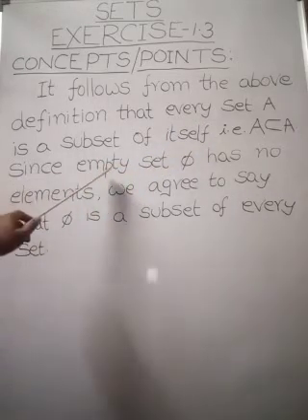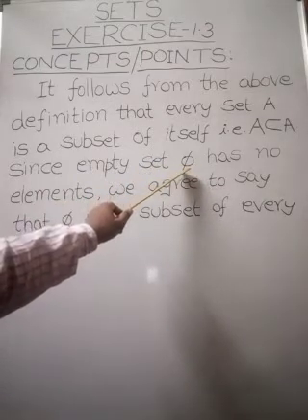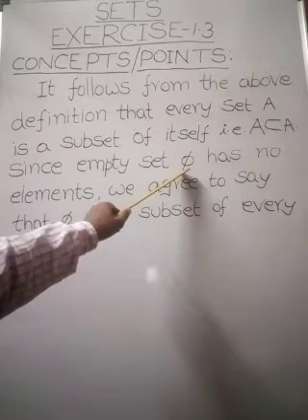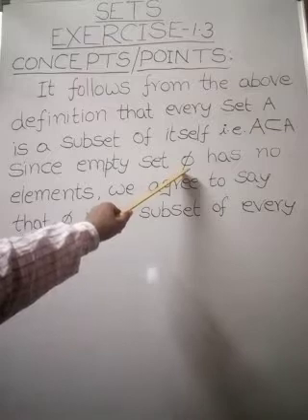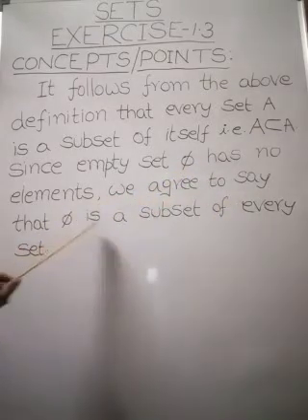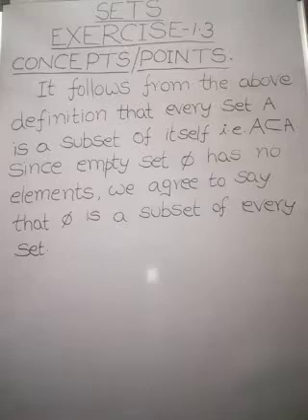Now, since the empty set φ, do you remember this symbol? This symbol stands for the empty set, null set, void set. In the first exercise, we have learned it has no elements. We agree to say that φ is a subset of every set. As in the case of the number system, 1 is a factor of every number.